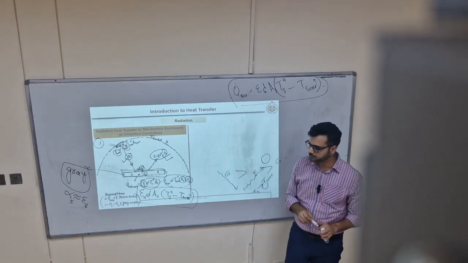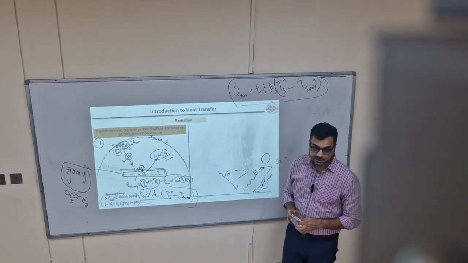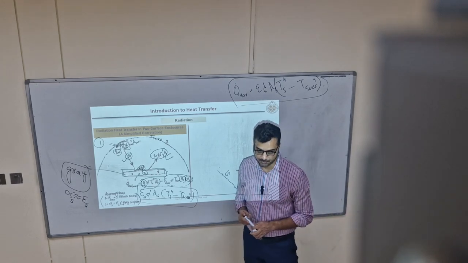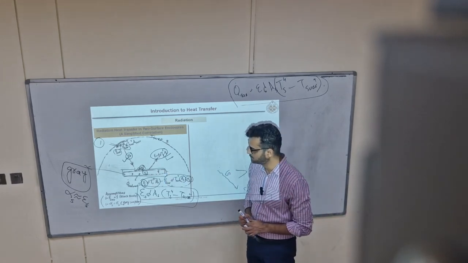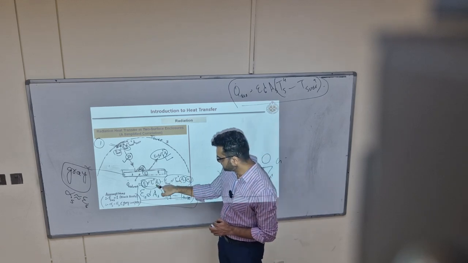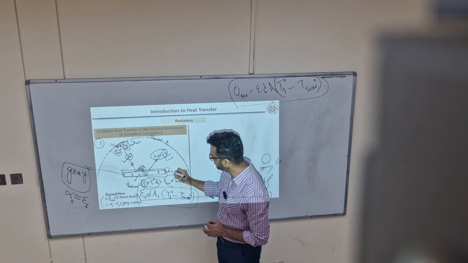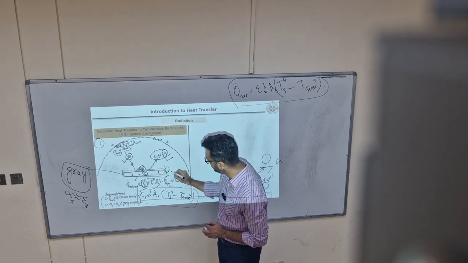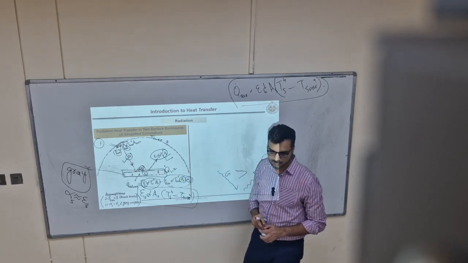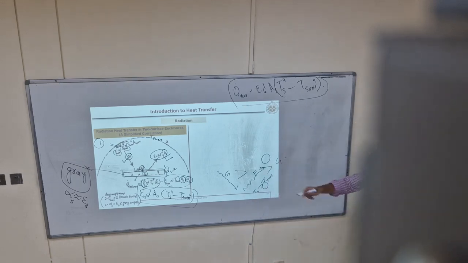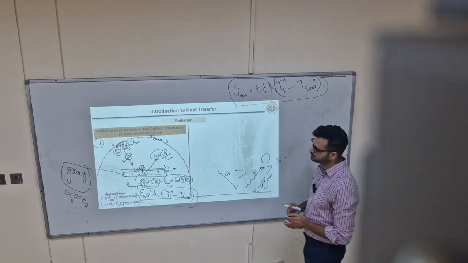Secondly, the orientation of objects is very important. Orientation means, look here, this equation which we wrote here is the equation of radiation heat exchange from body 1 to body 2. What about 2 to 1?